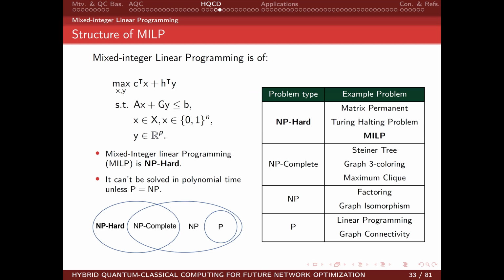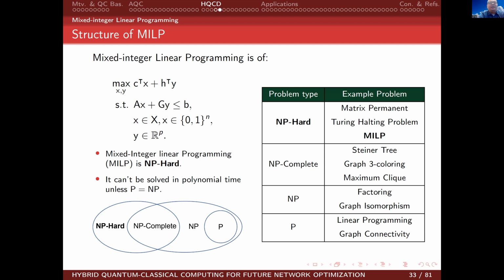We try to solve a maximization optimization problem. We have two types of decision variables, x and y. Here, x is a binary variable, y is a continuous variable. And we have coupling constraints which couple x and y.